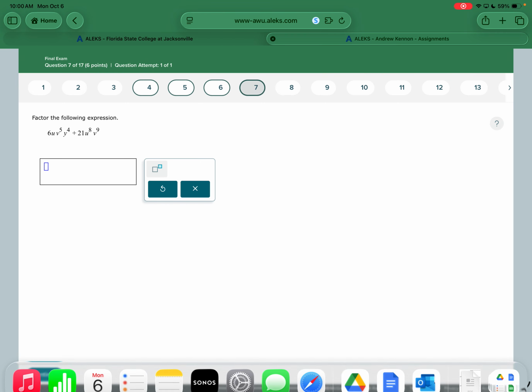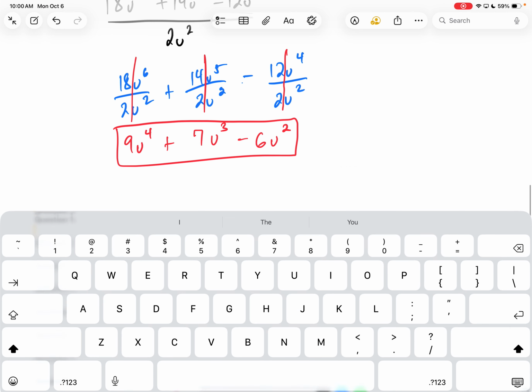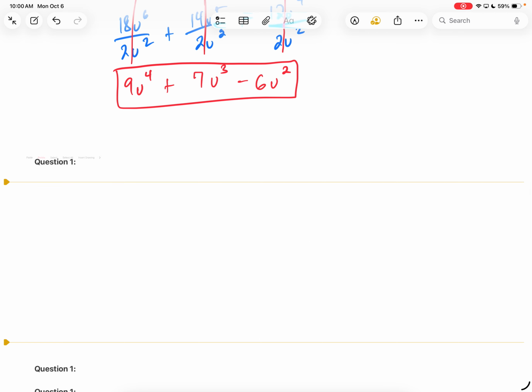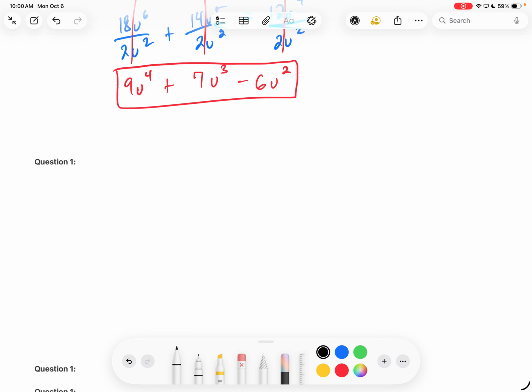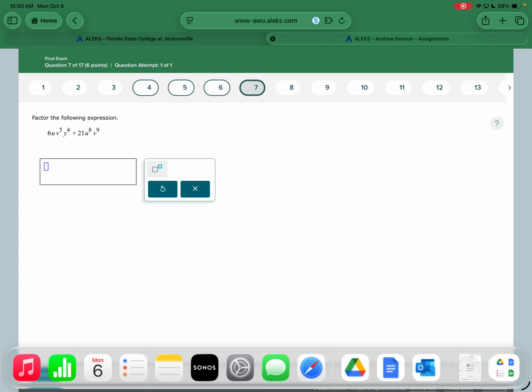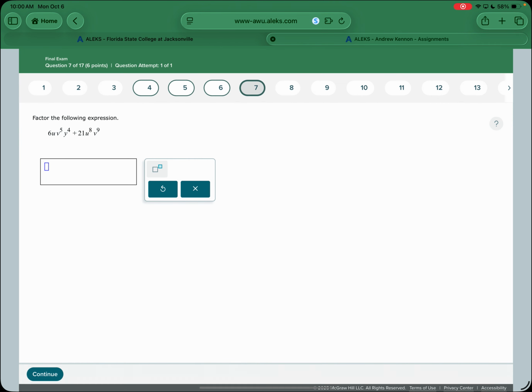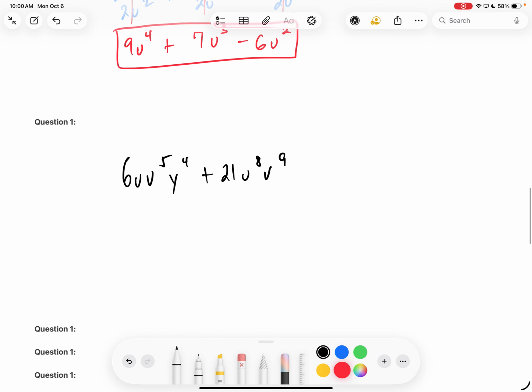6u^5v^5 plus 21u^8v^9. Okay, so it says to factor. What you're doing here is pulling out the greatest common factor.